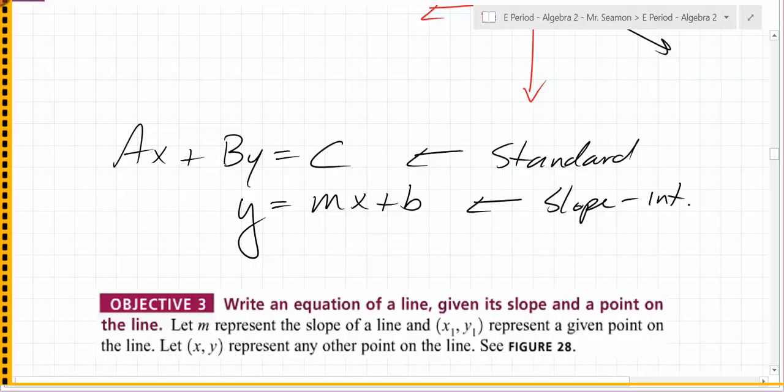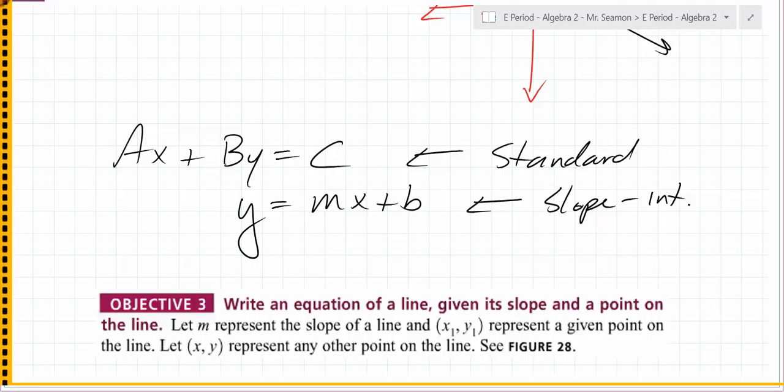Can someone give me one reason why standard form is sometimes easier to work with than slope-intercept form? Generally speaking, slope-intercept is what you're going to use most frequently, but there are cases when standard form will be more useful. For example, if I ask you for the intercepts, intercepts are generally easier to find with standard form. It's not always the case.